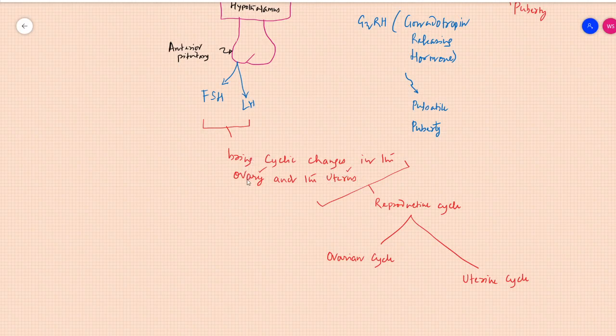Okay, so the ovarian cycle basically controls the uterine cycle. So the prime importance is the ovarian cycle.